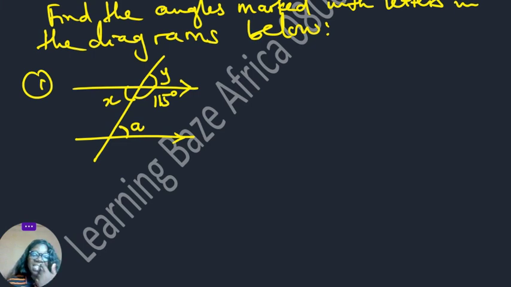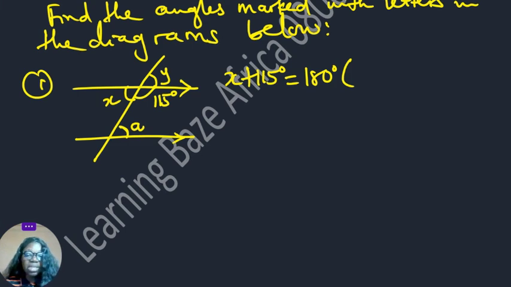Together. Now the first letter we need to figure out here is the letter X. Now X and 115 degrees are on a straight line. They are straight line angles. So that will be X plus 115 degrees is equal to 180 degrees. Always give reason. So I'm going to open a bracket so I can write the reason: the sum of these two angles is equal to 180 degrees.